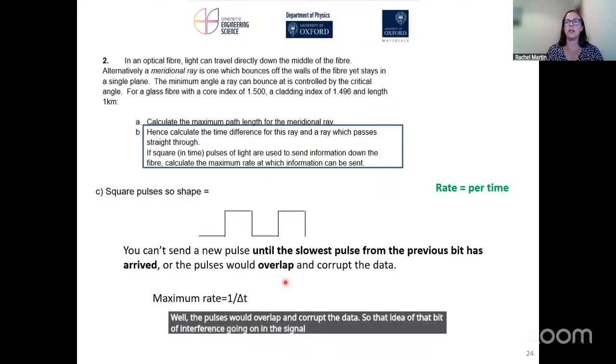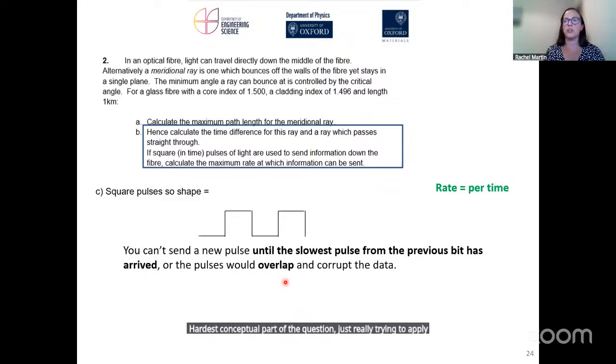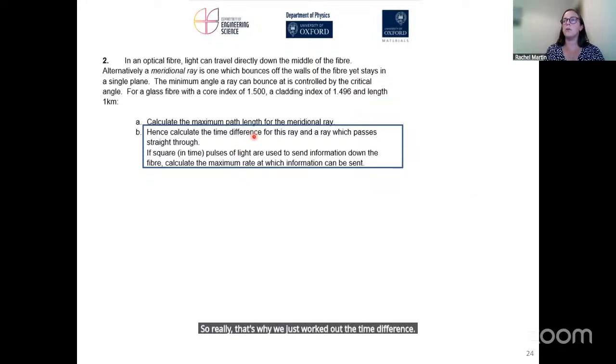So that is probably the hardest conceptual part of the question, just really trying to apply our knowledge to rate. That's why we just worked out the time difference, because we're looking at the two extremes.